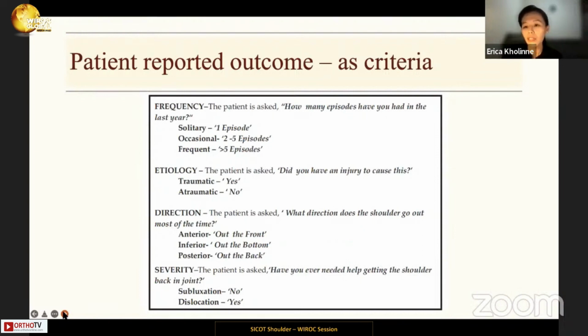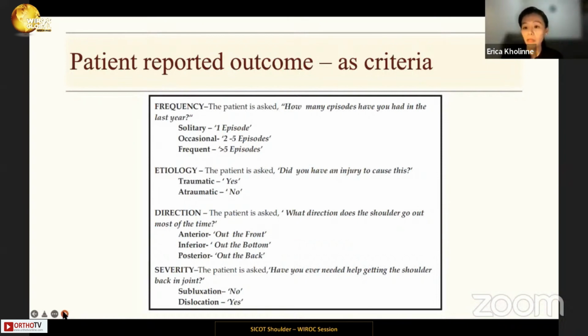Frequency is an indirect measure of the severity of the pathology, and can be solitary, occasional, or frequent in a year. Etiology is also derived from history, and can be traumatic or atraumatic. The formerly described microtraumatic instability will be classified as a traumatic subclass.